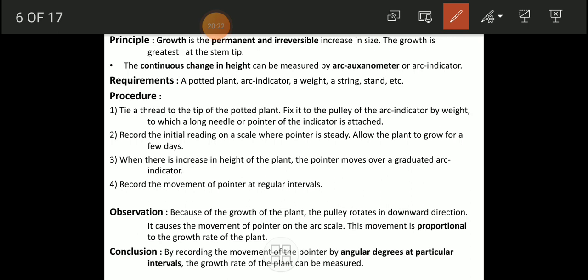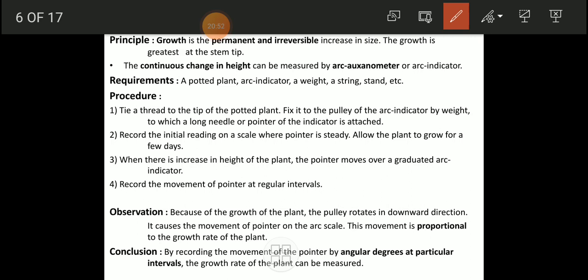Keep in mind, in the requirements we wrote string, and here we write thread, same thing. Tie a thread to the tip of the potted plant, fix it to the pulley of the arc indicator by a weight, to which a long needle or pointer of the indicator is attached. Record the initial reading on a scale where the pointer is steady.